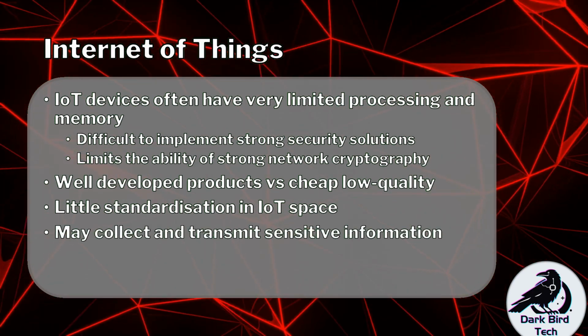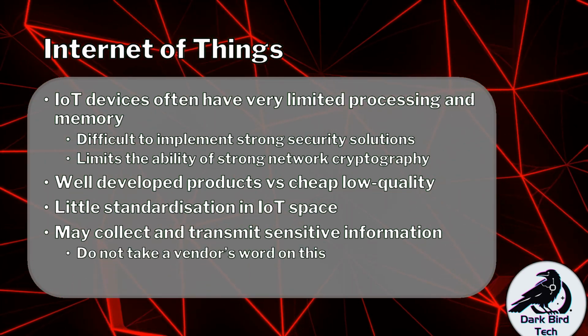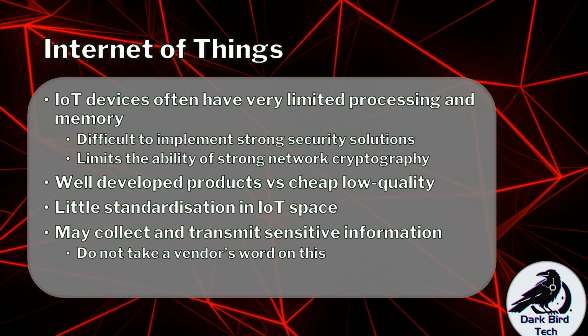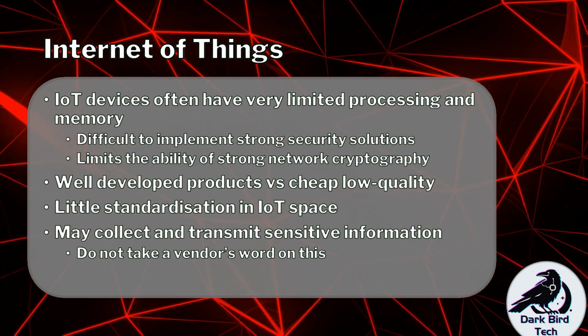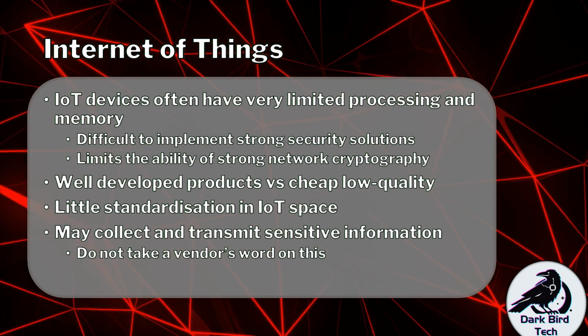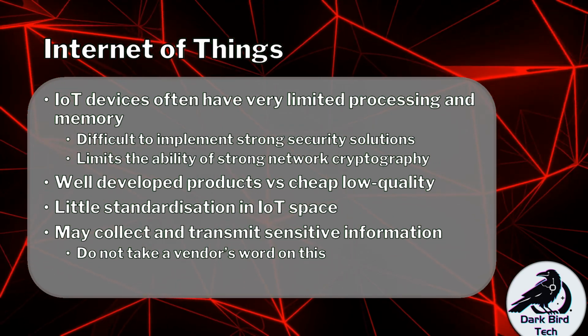And these devices may collect and transmit sensitive information. And don't take the vendor's word on what their device does. There's been a history, both recently and long term, where a vendor says, oh no, all this data is kept and processed locally on the device. It is never sent to any of our servers.